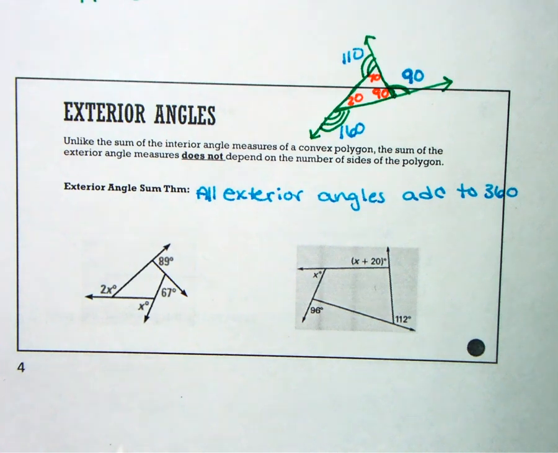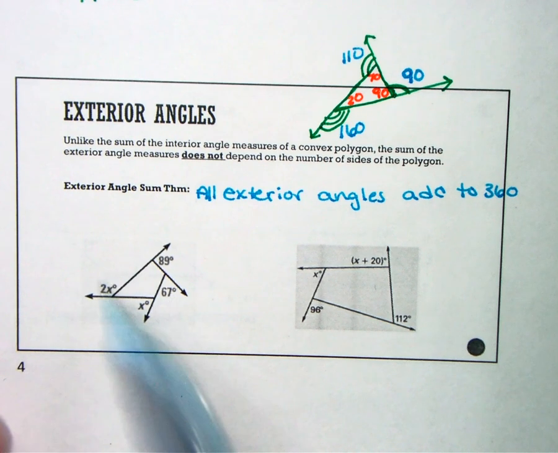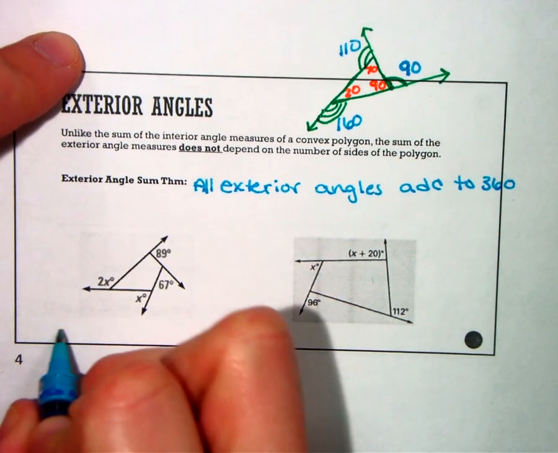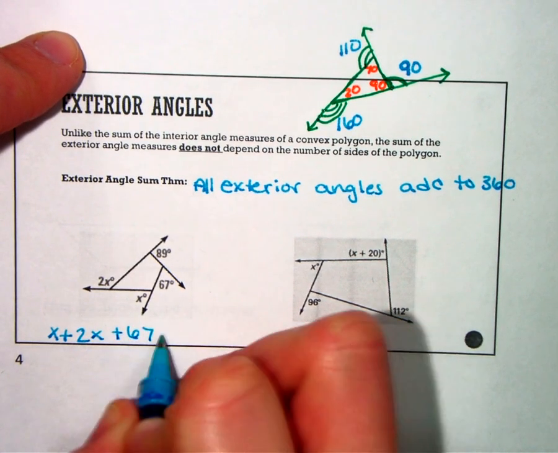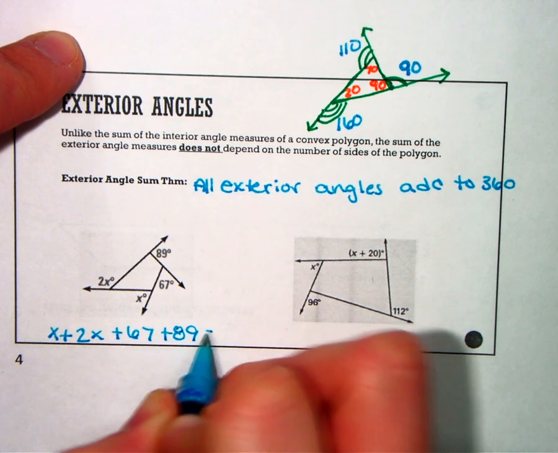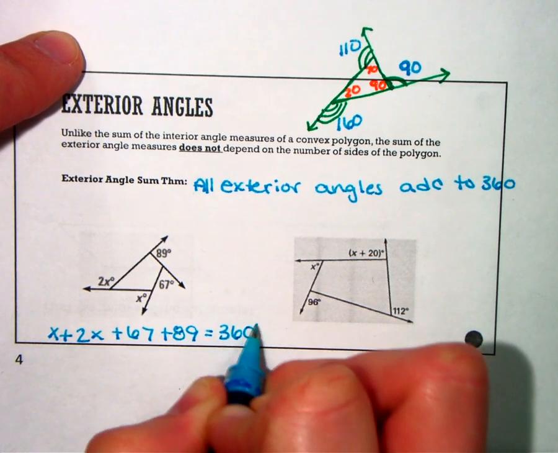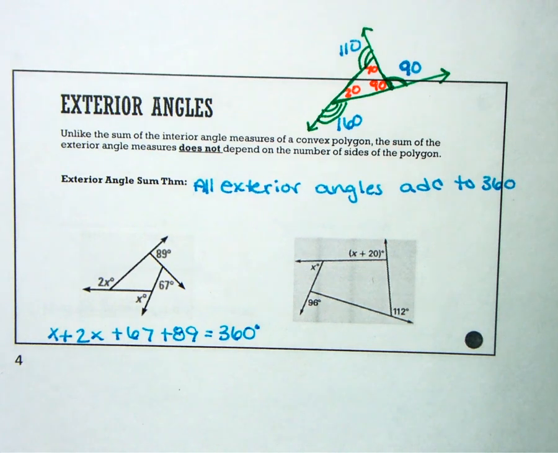So, when you come up to a picture and they give you all of these different exterior angles, what are you going to do? You're going to add them together and set them equal to 360 every time. Doesn't matter how many sides it has. So you would go x plus 2x plus 67 plus 89 is equal to 360.